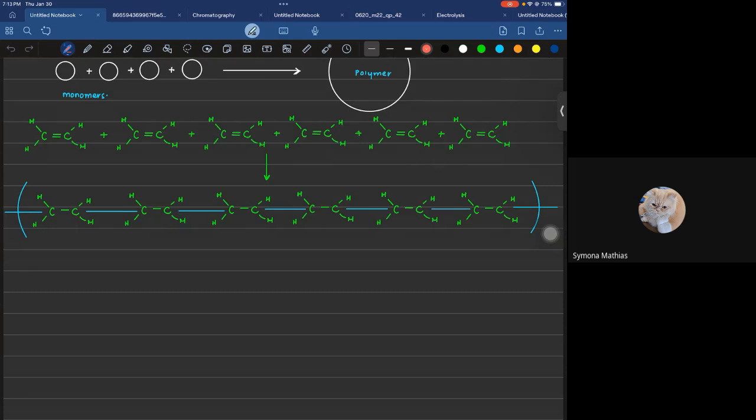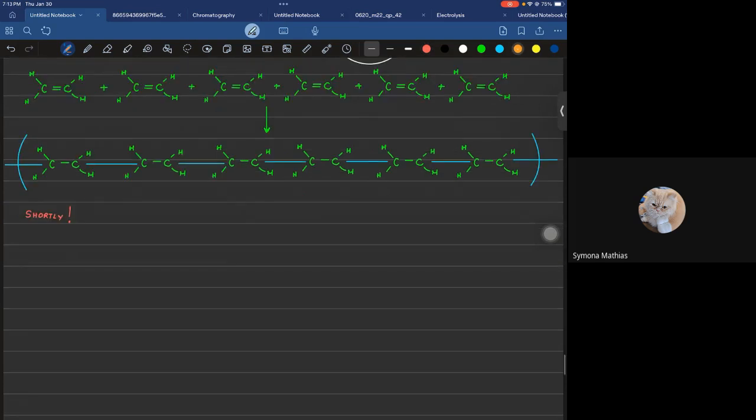Shortly, I can say I have n numbers of ethene molecules. It may be 100, it may be 200, it may be 500, it may be 5000.